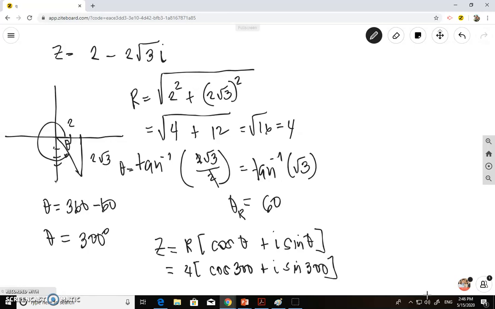When you want to simplify it further, you evaluate the cosine 300 and sine 300, and then distribute the value so that you can get the actual amount.